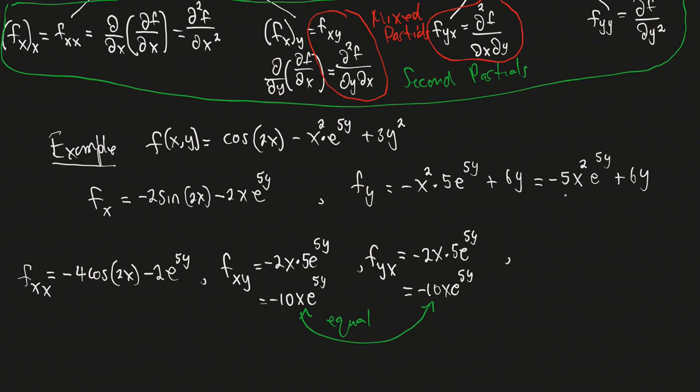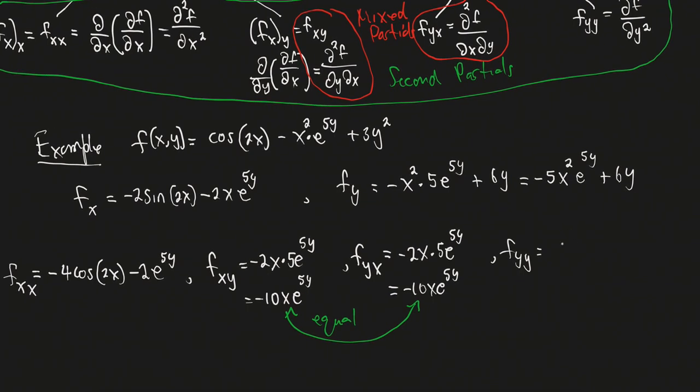So take this function and differentiate it with respect to y a second time. So we'll bring down our negative 5x squared, since that's a constant multiple, and then differentiate with respect to y. When I differentiate the e, I'll get another 5e to the 5y.